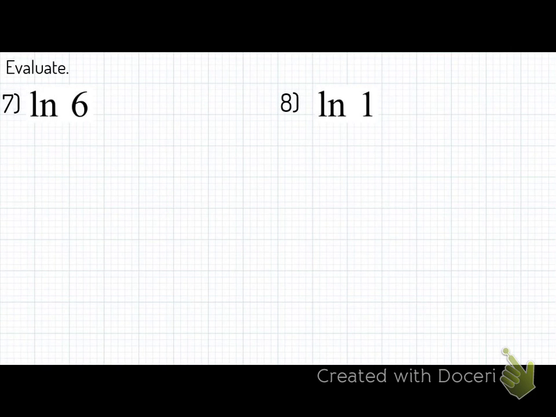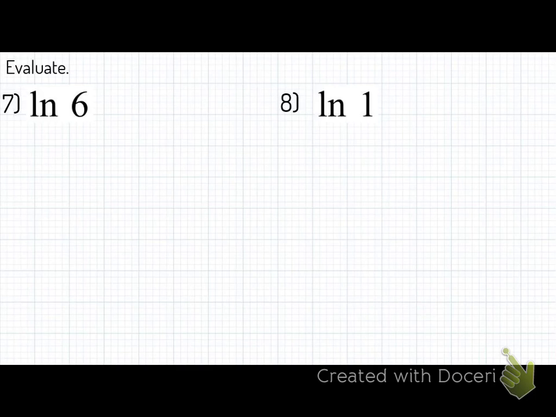Number 7, we have the natural log. Okay, natural log, what base does natural log have? It has a base of e, which is Euler's number. It's about 2.7. We'll talk about that specifically, but let's just work this out on our calculator. Let's write the number 6 and then type in natural log, not common log.